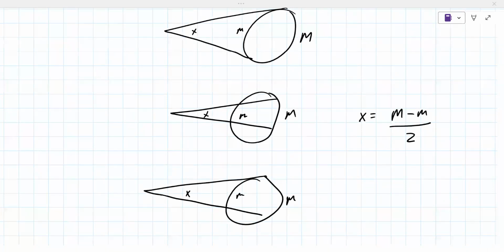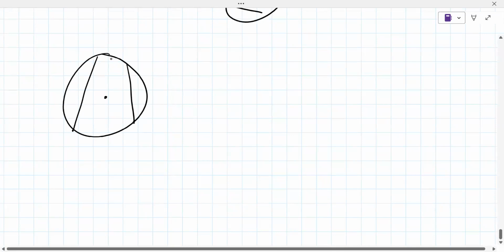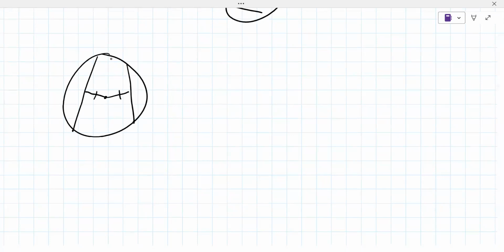Then you have to go back and know all the side properties, which we've talked about throughout. The first one was if you have two chords and a center perpendicular, those are congruent, and you get the 90 degrees.